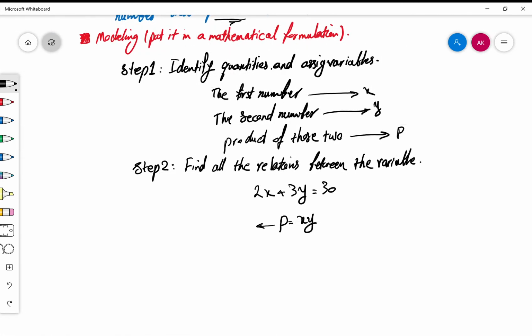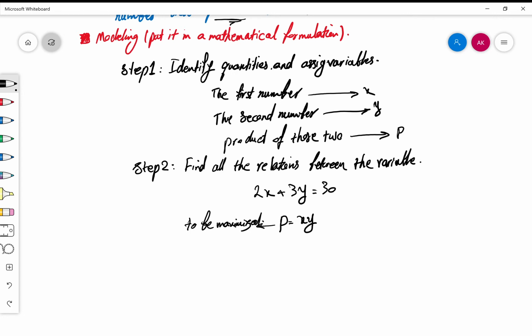You should remember that the quantity to be maximized here is p. In this stage, just write down all the equations. You see that p is a function of x and y.